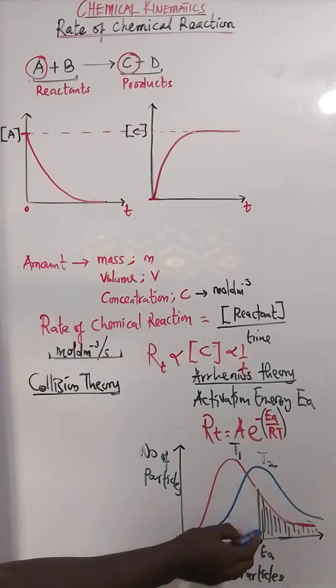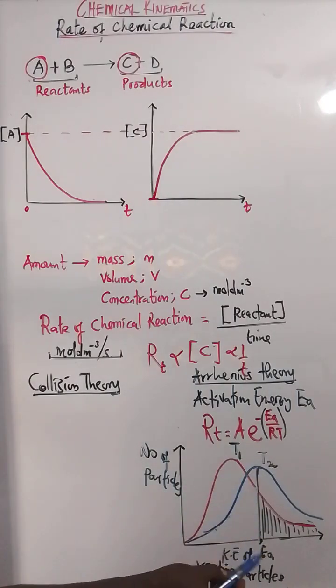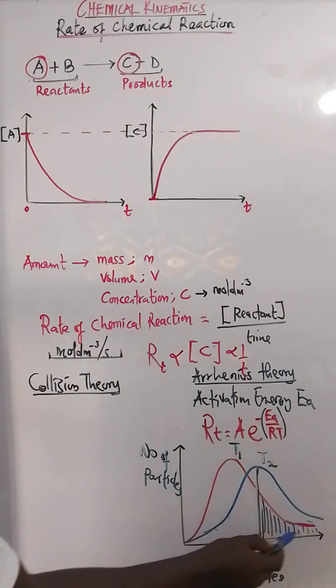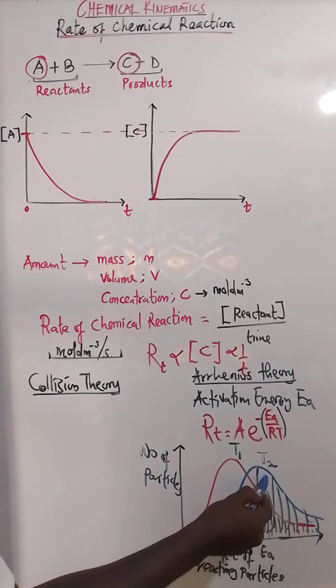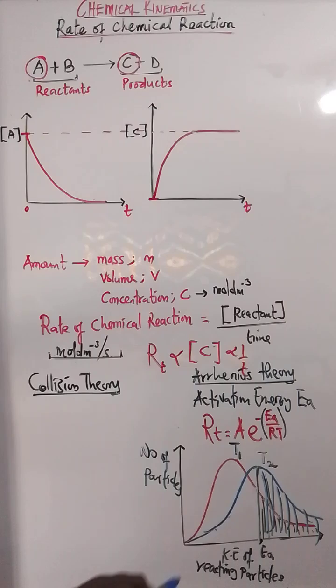So this is our activation energy. Let's trace it up. If you compare, initially this is what we have, this region. But now the region has increased. So if the temperature increases, the curve will change, and in that case we are going to have more molecules whose energy will surpass the activation energy.